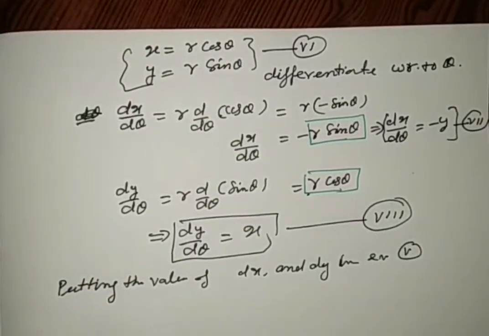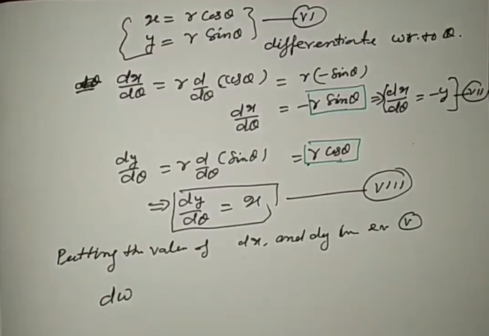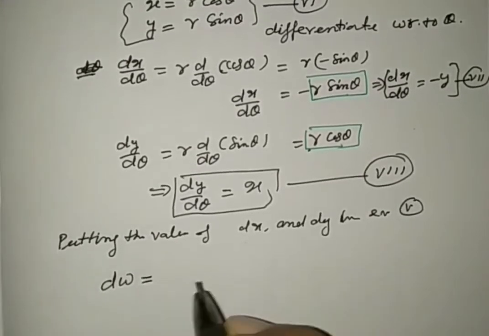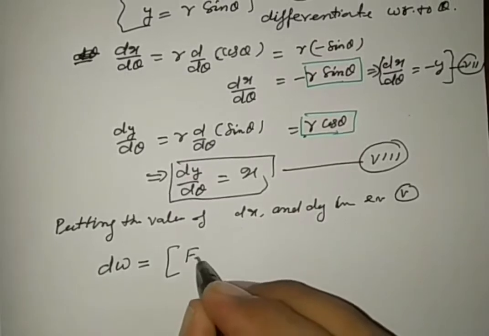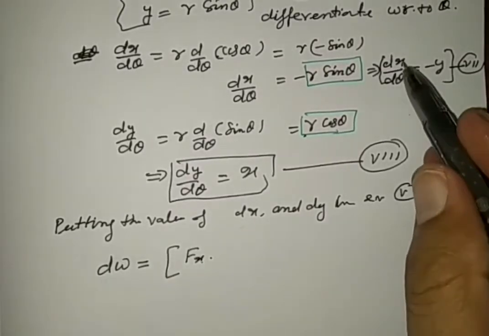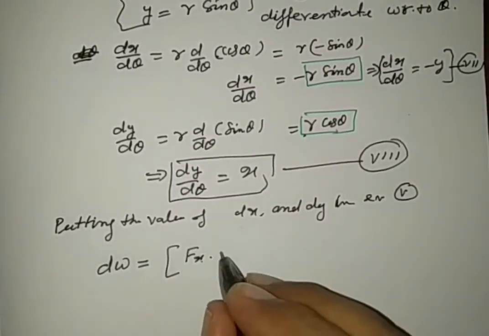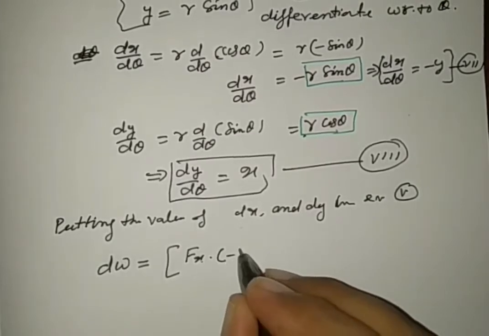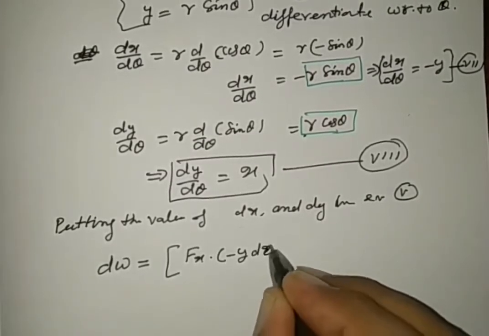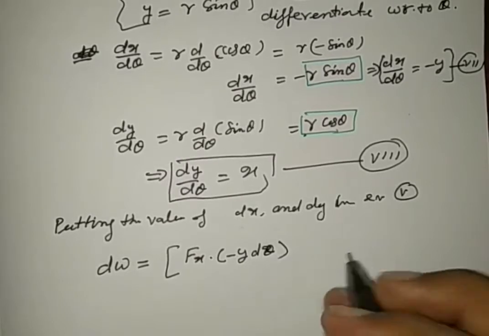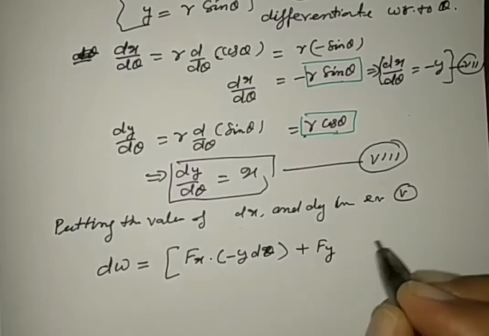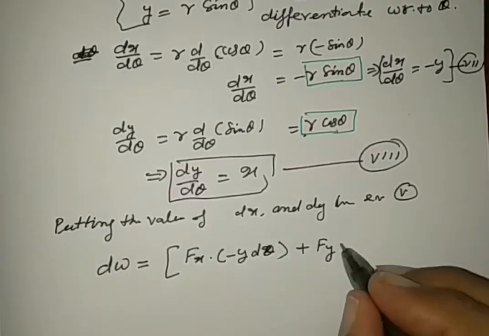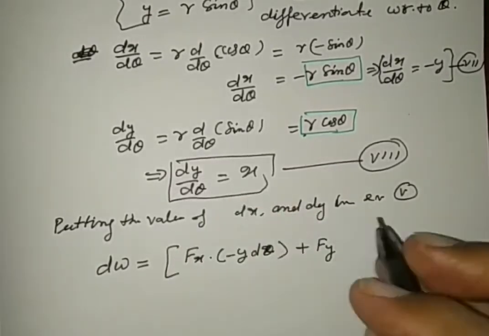In equation 5, dw is given. dw is equal to fx dx. See what is dx here? In brackets, minus y d theta. Again, fy dy. And dy is what here? dy is x d theta.